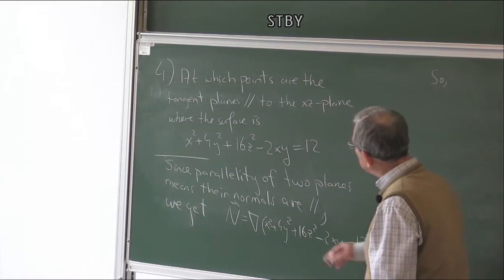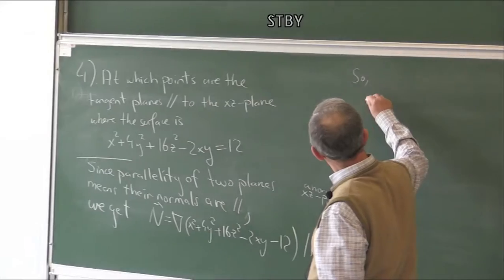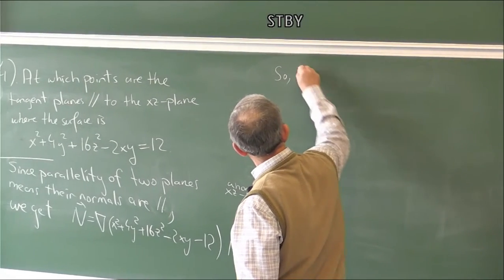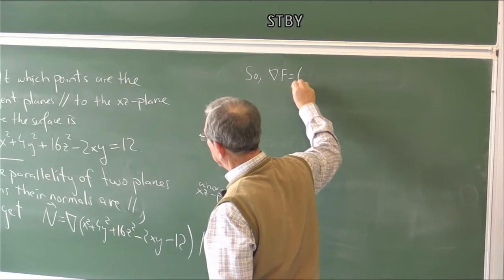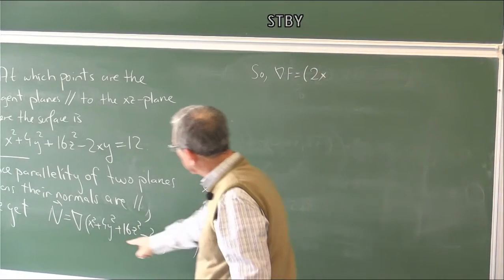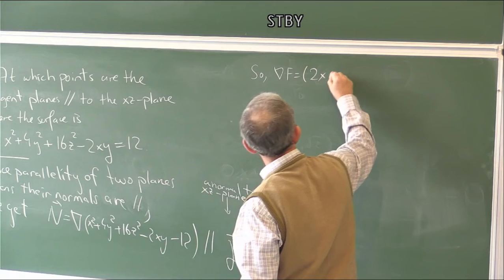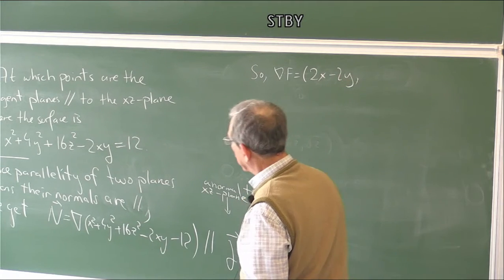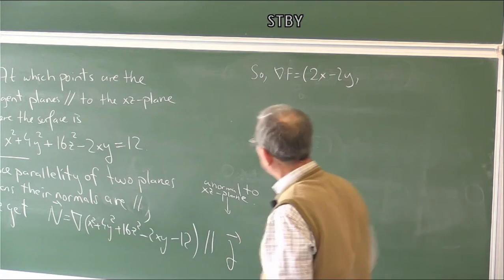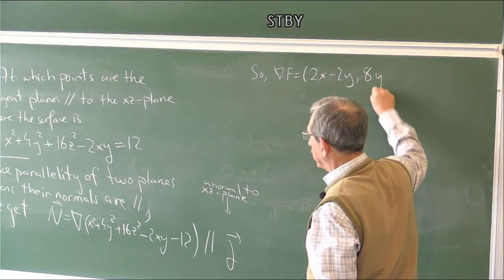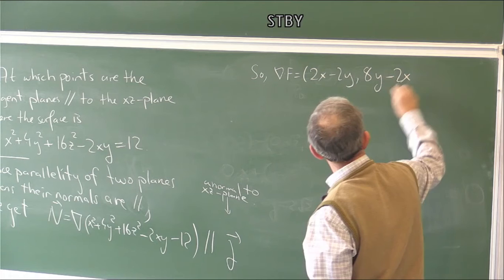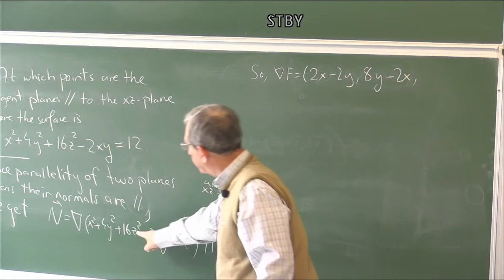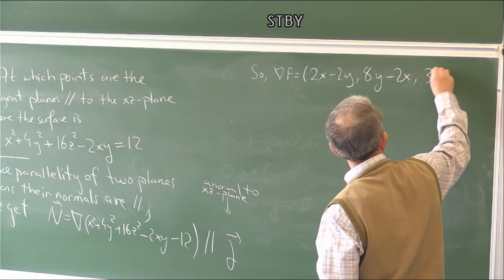So we get the following. The gradient of f here would be 2x minus 2y, derivative with respect to x, then derivative with respect to y, 8y minus 2x, and finally, derivative with respect to z, which is 32z.